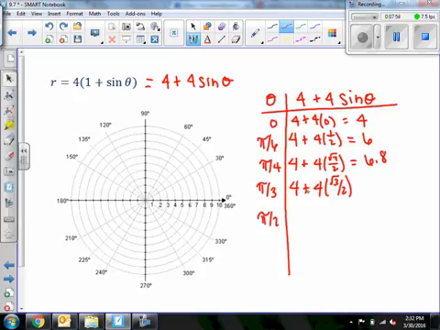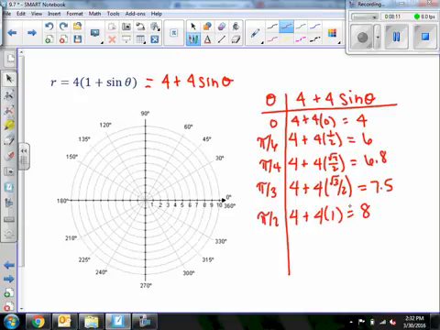So this becomes 4 plus 2 radical 3. We approximated 2 radical 3 to be about 3.5, so 4 plus 3.5 is about 7.5. And plugging in π/2, sine of π/2 is 1, so we end up with 8 here.